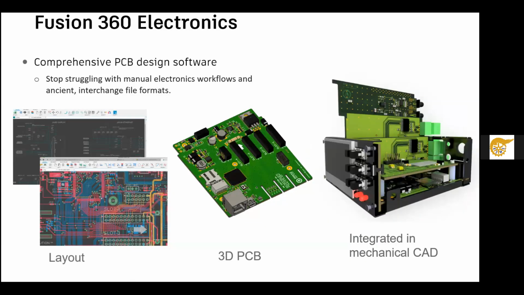We do have electronic design in Fusion 360 as well. So you can create your 2D layouts of PCBs, and you can actually create 3D PCBs as well. Once you're designing your layout for your PCB and you're applying components that go to those layouts, Fusion 360 has a large variety of components, libraries that you can apply to your electronic designs.